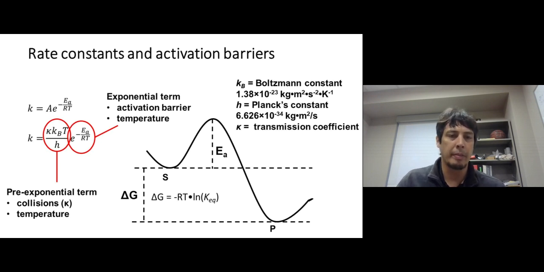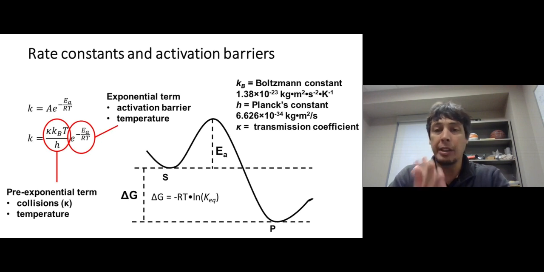So that is in the same direction as the temperature term in the exponential term. And then kappa is a probability: if there's enough energy to overcome the activation energy, kappa, the transmission coefficient, is the probability that the reaction will then proceed to product.